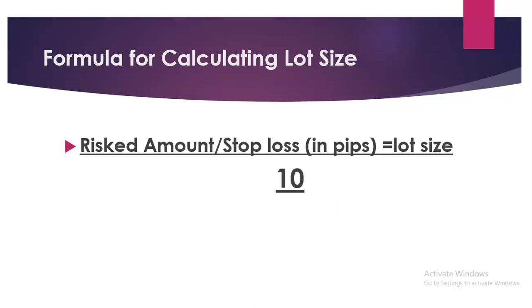Okay. Now, that order block, the distance between the proximal line and the distal line, is actually the size of your stop loss.